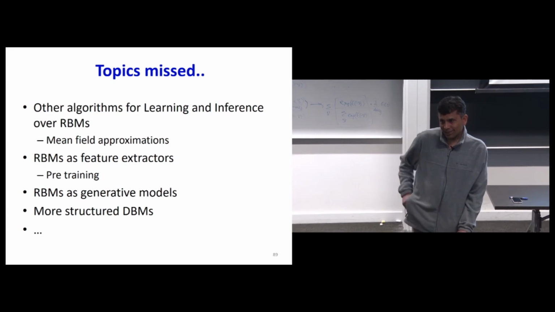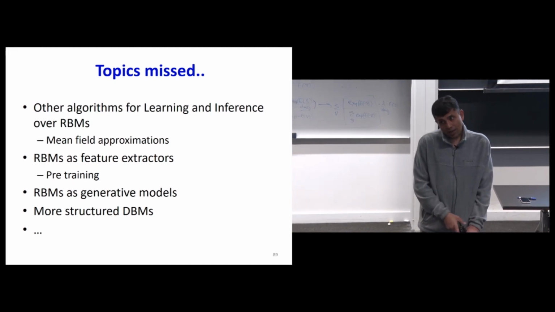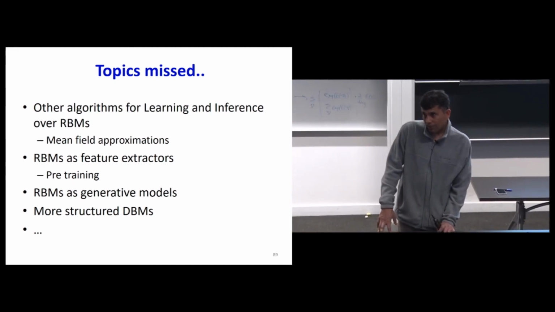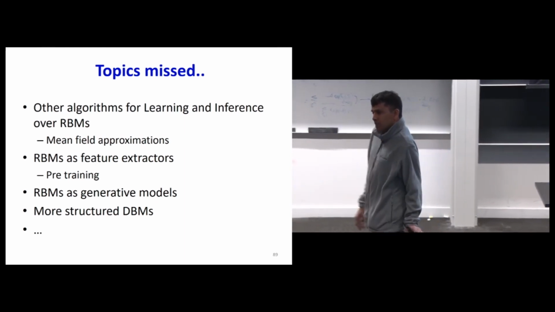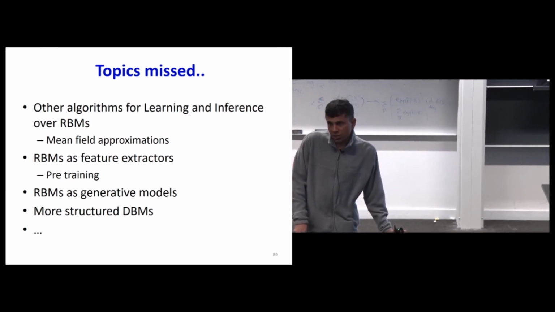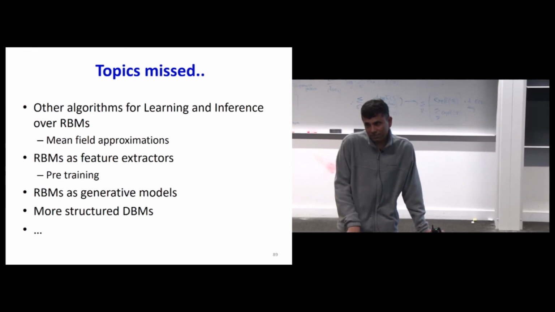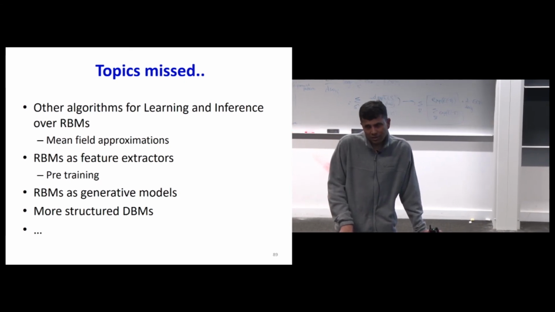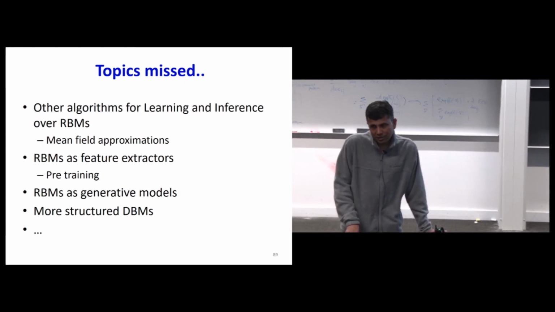Yes? Is the distribution still a Boltzmann distribution once you have a deep network? It's not a conventional Boltzmann distribution, but at each layer it is going to be, right? Okay. I was just wondering what kind of things you can model with that.